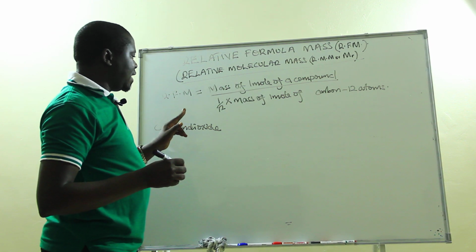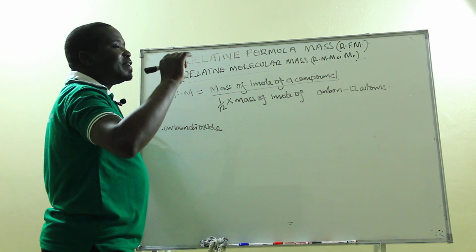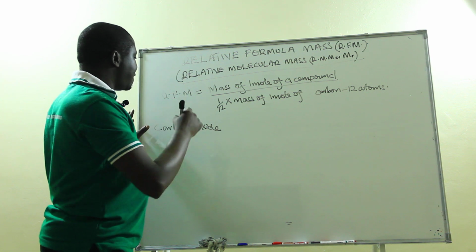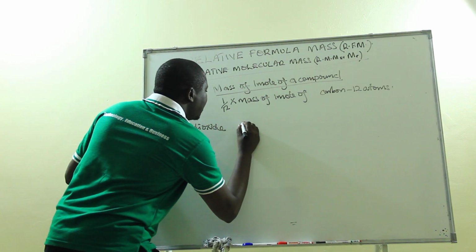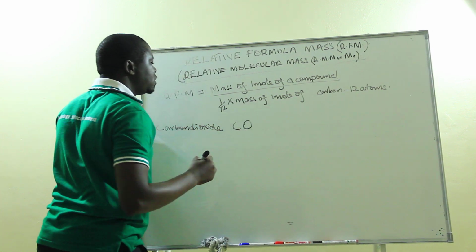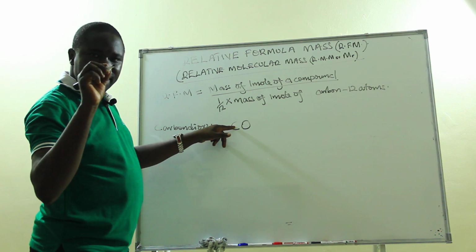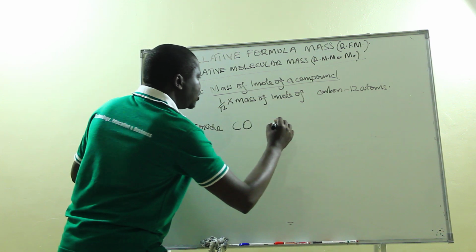So firstly we need to know the chemical formula of carbon dioxide from the valencies of the elements found in it. In carbon dioxide there is carbon and there is oxygen.